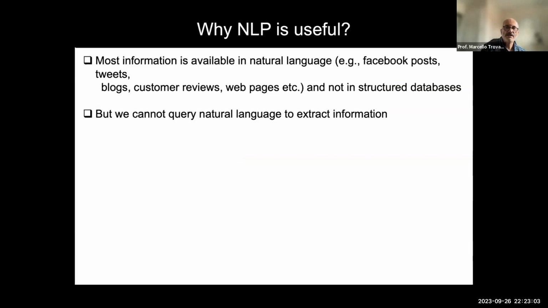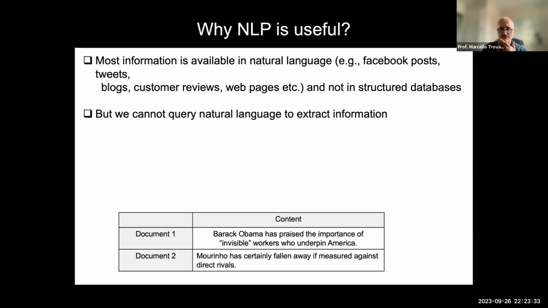So why is this important? Most of the information in the world, especially when it comes to human societies, is available in natural languages. So we have Facebook posts, tweets, blogs, books, etc. And they're not structured, so we can't query natural language to extract information.